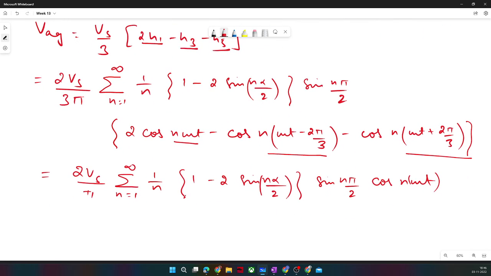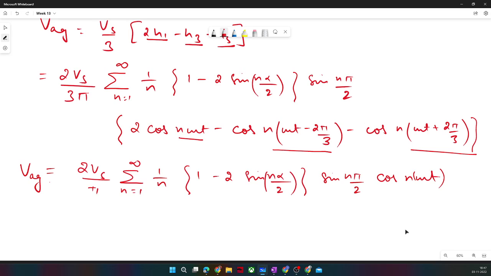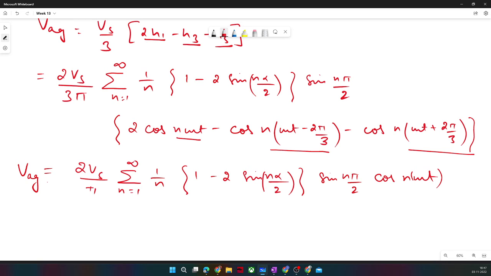So this would be your final expression of phase voltage Fourier series, and you can put appropriate value of n to control the voltage magnitude of your phase as well as to control the harmonic component of your phase. So I hope it should be clear. Yes, sir. And you try to solve at your end also once, so it will be very clear.